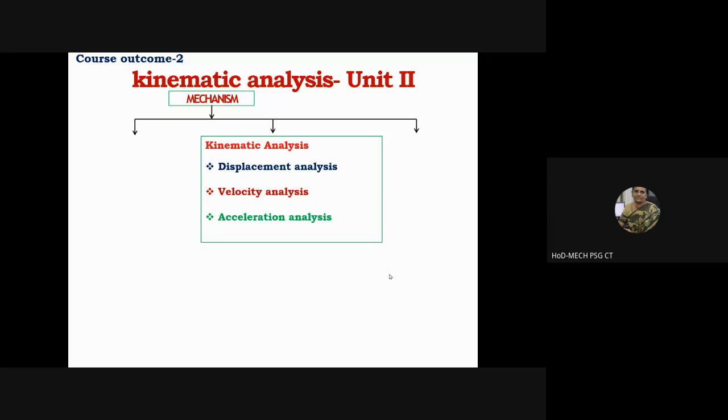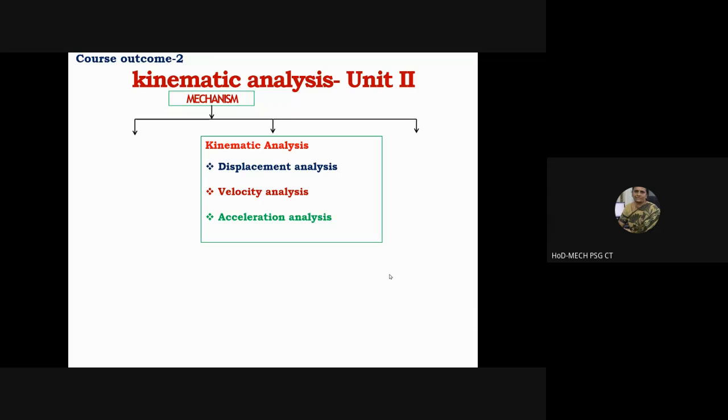So, in our case, once you synthesize a mechanism based on a function generation, path generation, or motion generation type of problem, you need to analyze its performance by carrying out displacement analysis and then velocity and acceleration analysis. So suppose you synthesize a mechanism, or suppose there is a synthesis problem given to you.